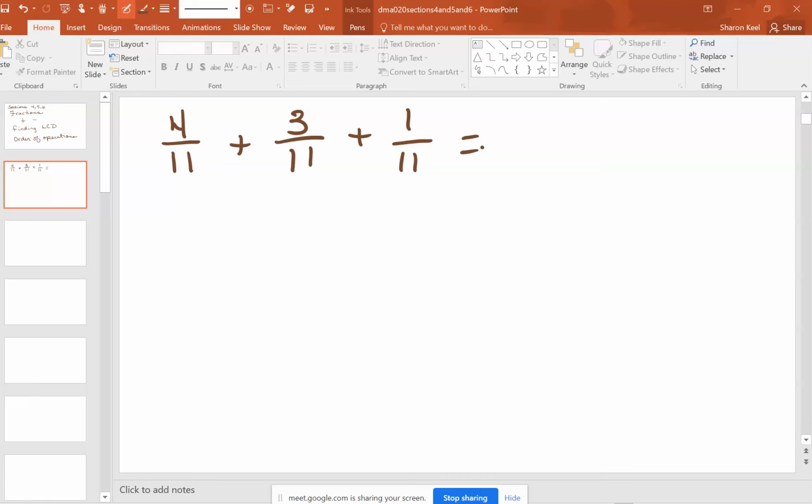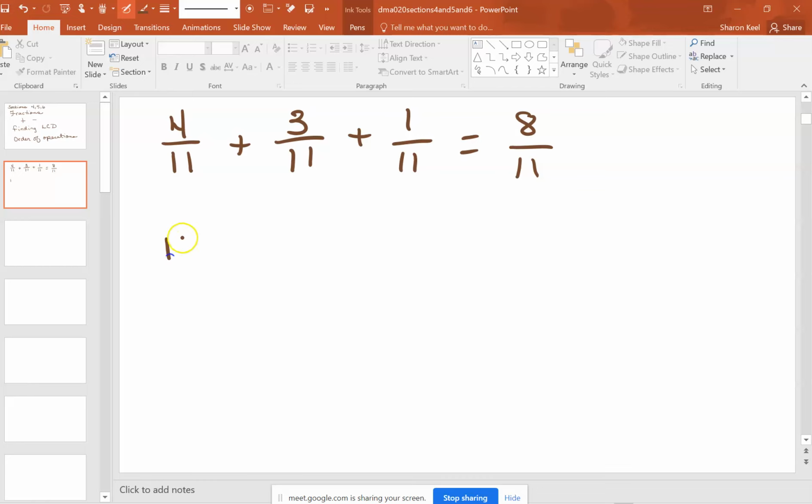If your denominator is the same, we say that they have a common denominator. If the denominators are alike, we simply combine the numerators. So we have 4 plus 3 is 7, and 7 plus 1 is 8. So that fraction would be 8 elevenths. And you're done with that particular problem.